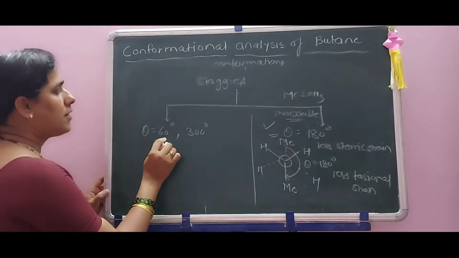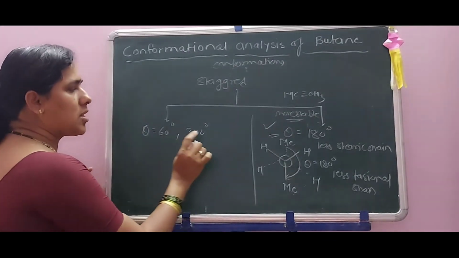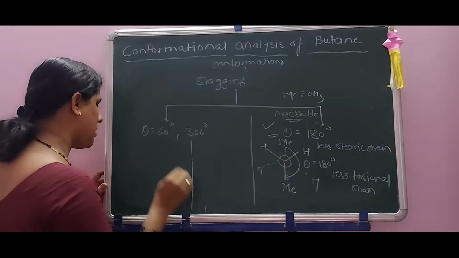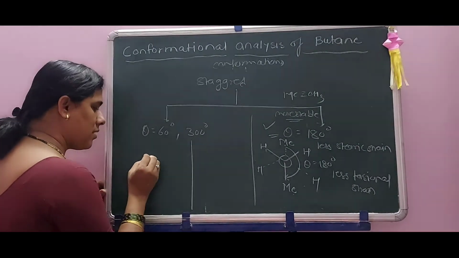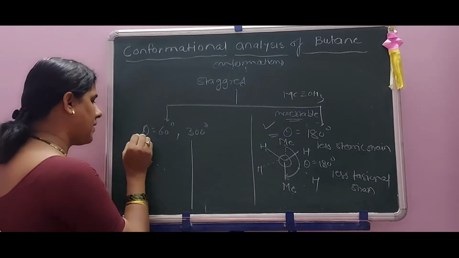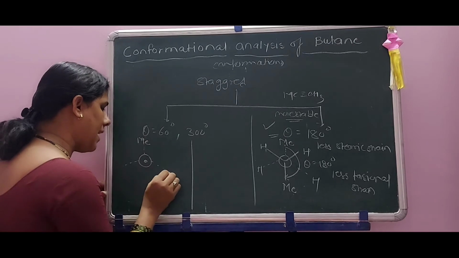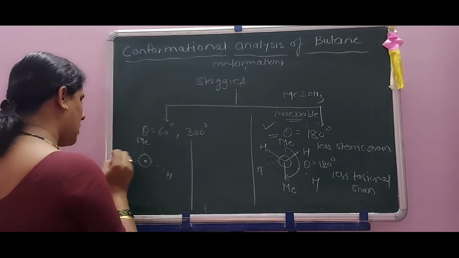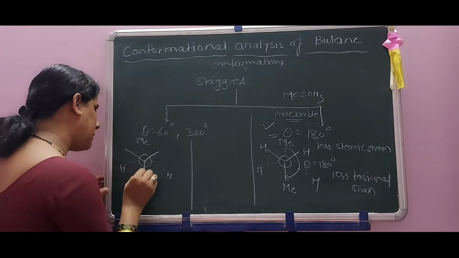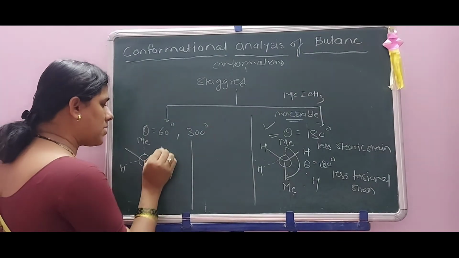But in the case of theta equal to 60 degrees and 300 degrees, this case is not possible here. See the structures. This is the front, this is the back carbon atom. This is Me, H and H. Here also. Now in this case theta is equal to 60 degrees.